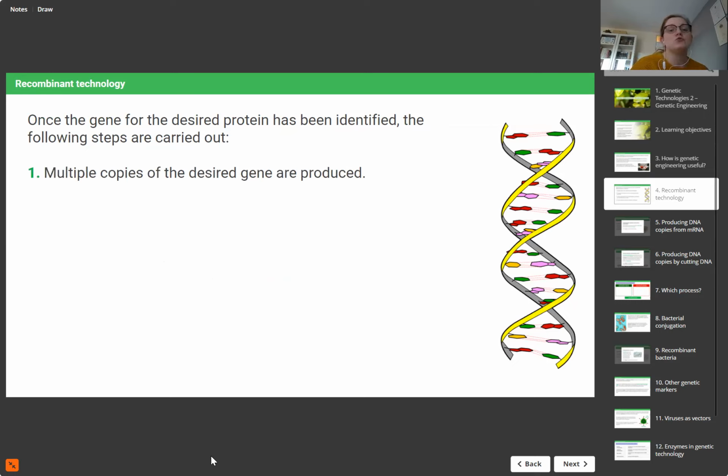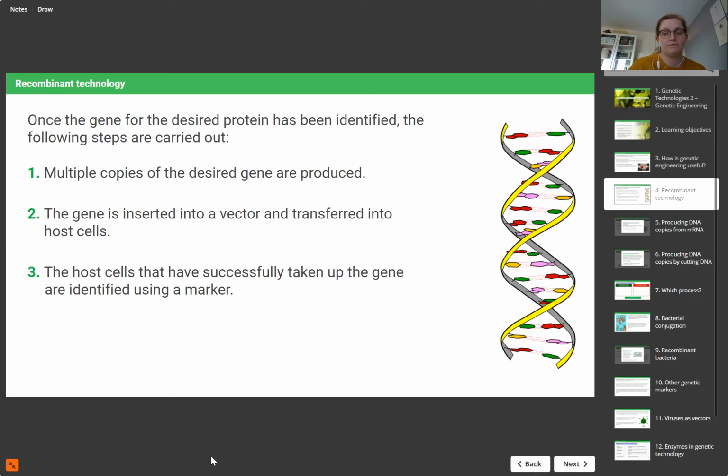We need to make multiple copies of the desired gene. We can't just make one copy, we need multiple. We then take this gene, we insert it into a vector, and then we transfer it into host cells. The host cells that have successfully taken up the gene are identified, and we use a marker to help identify them.